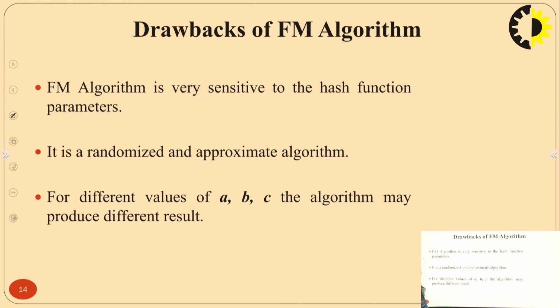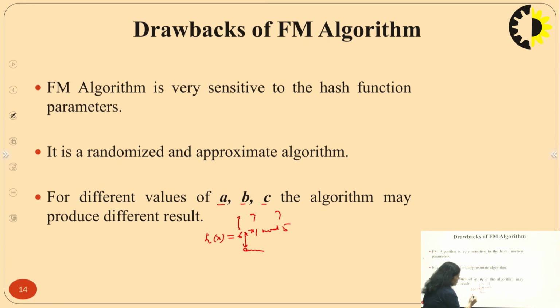Now, some of the drawbacks of the algorithm: it is sensitive to the hash function parameters. For example, whatever hash function we have used in the problem where we solved an example, we took h(x) = (6x + 1) mod 5. These are the parameters. x is the actual element of the stream that you are processing here. This 6, this 1 and this 5 are the hash function parameters, and we can denote them as a, b, c.